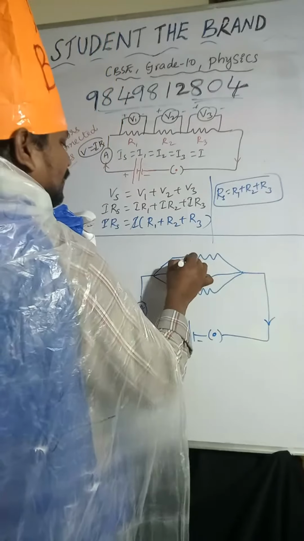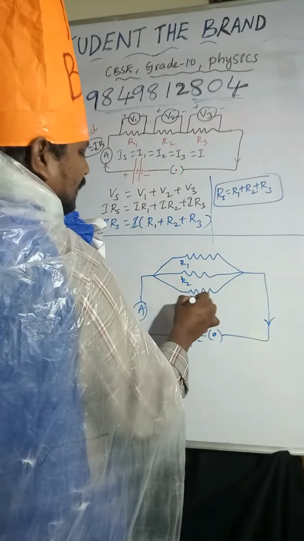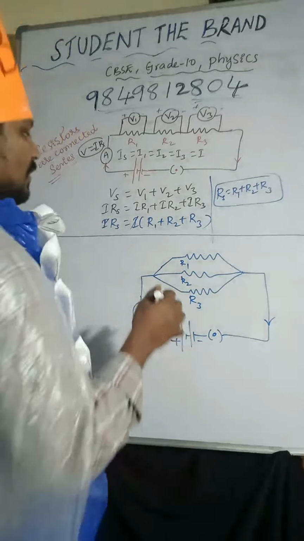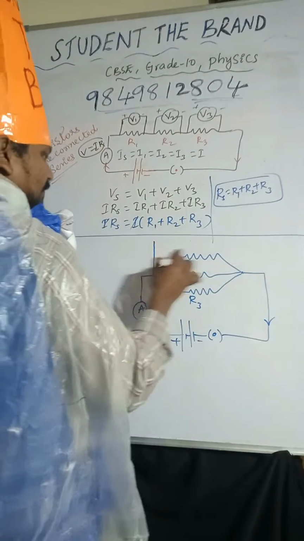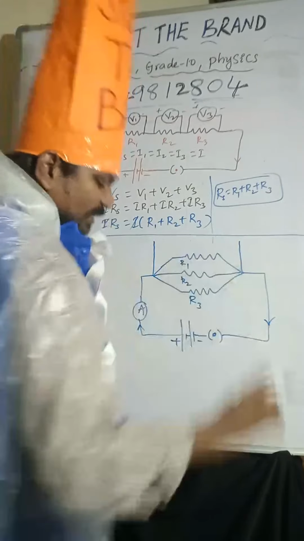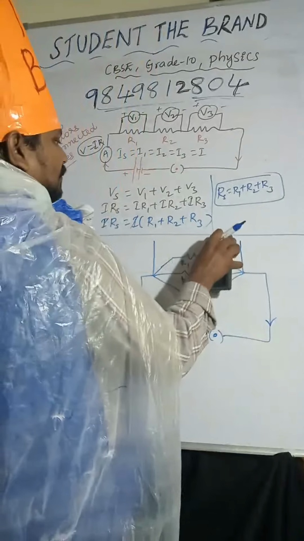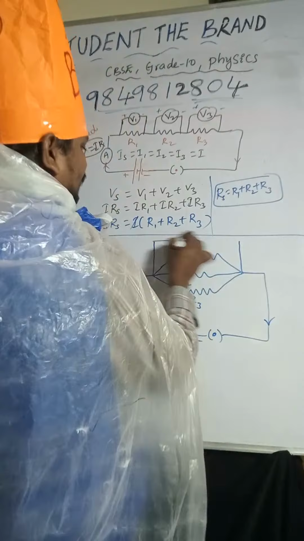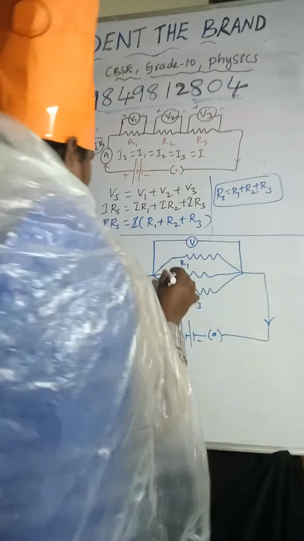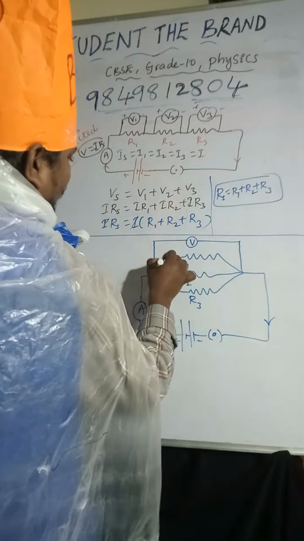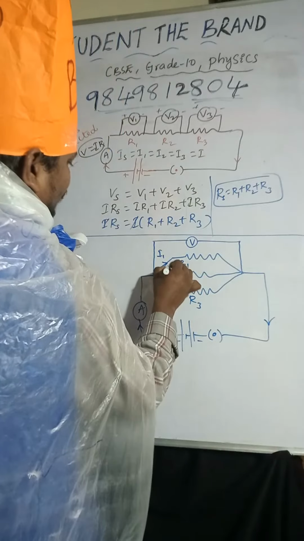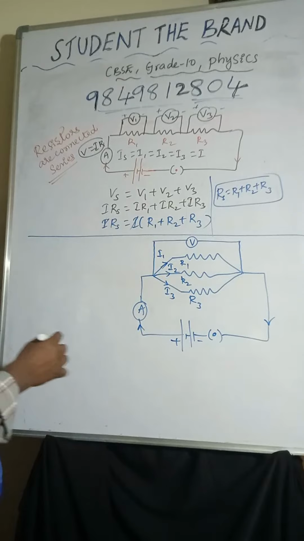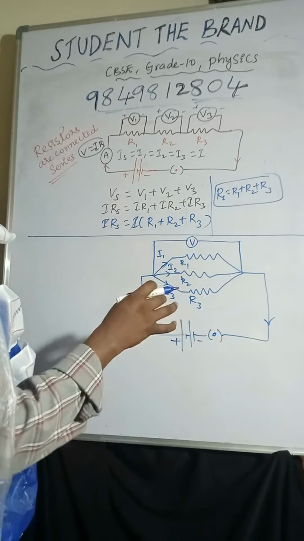Here R1, R2 and R3, 3 resistors, are connected in parallel combination. A voltmeter is connected across these three resistors. The currents I1, I2, I3: the current is divided into three parts.